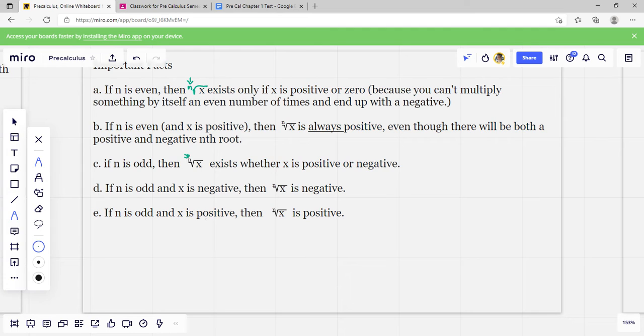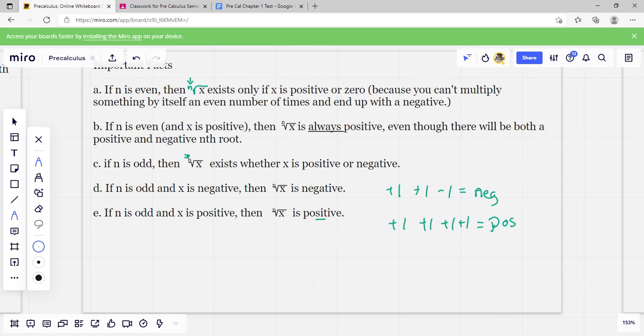If n is odd and x is positive, then the nth root of x is positive. Remember, when it's odd, like negative 1 times negative 1 times negative 1, we're going to end up with a negative. When it's even, we're going to end up with a positive.